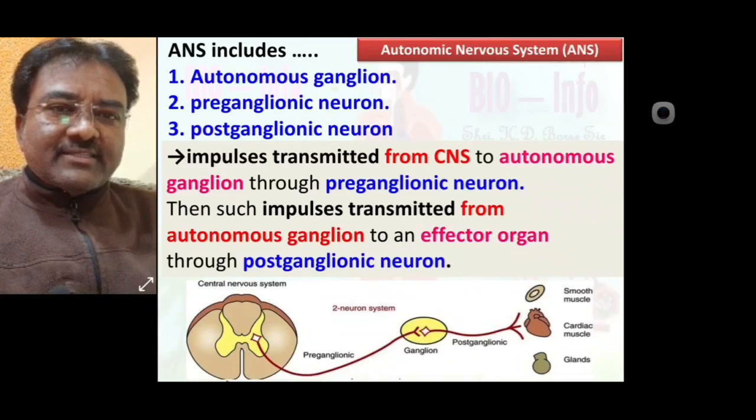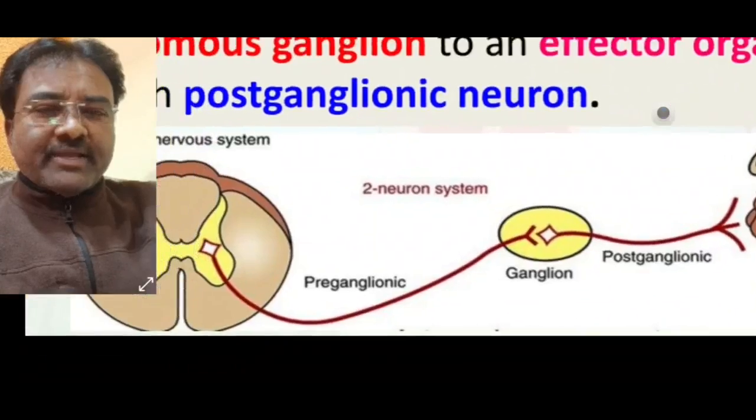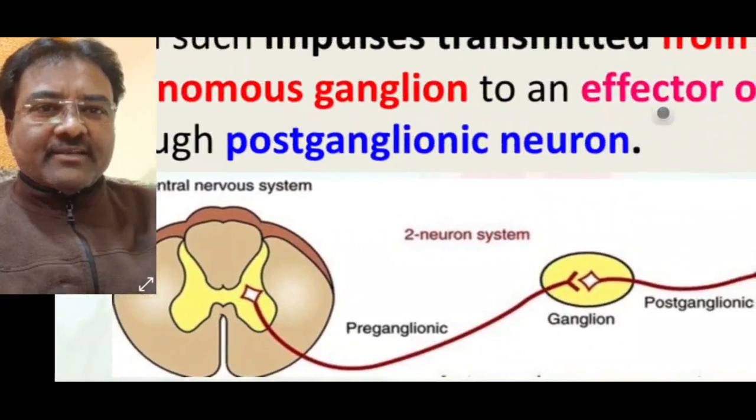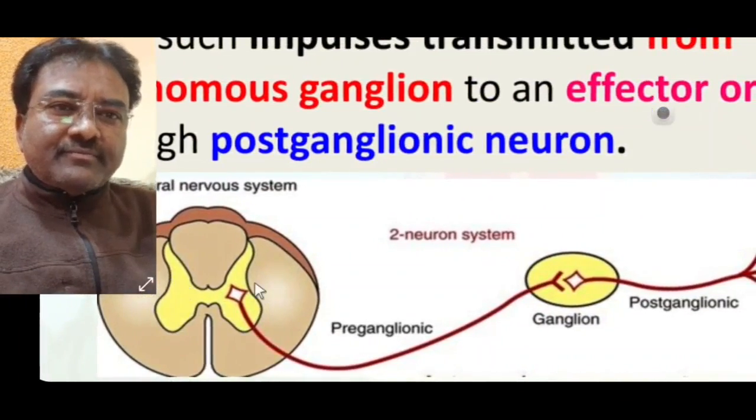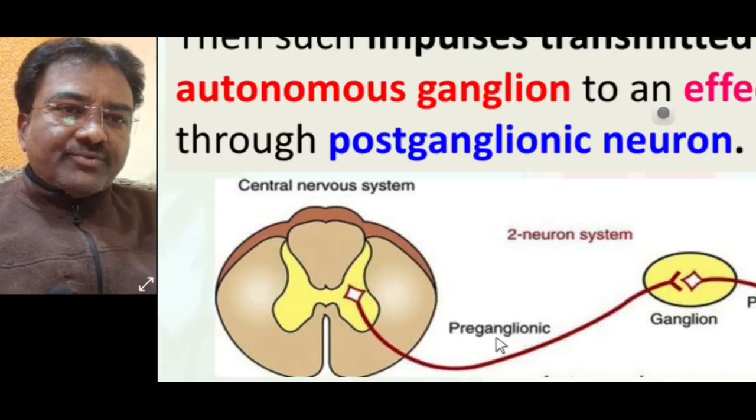Seen here, this is the central nervous system, the spinal cord. The central nervous system transmits impulses through the preganglionic neuron to the autonomic ganglion.